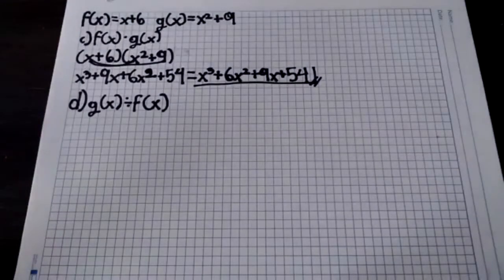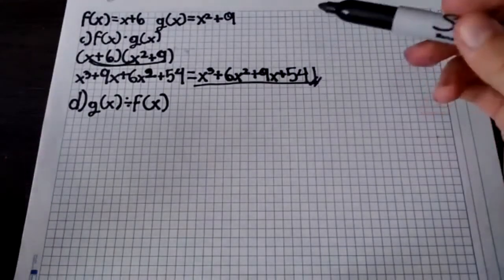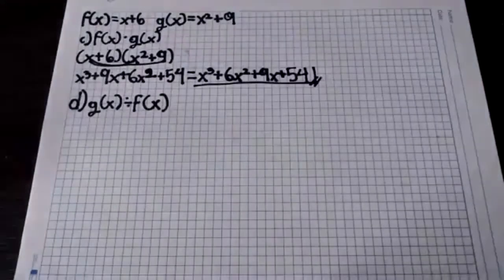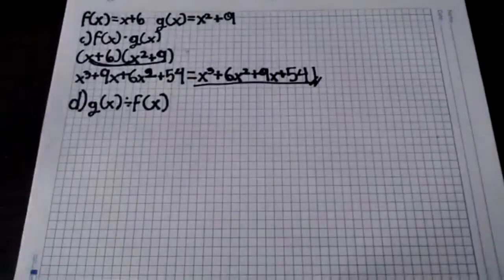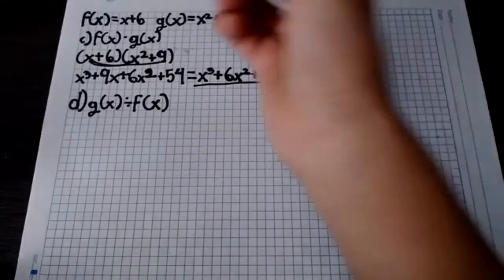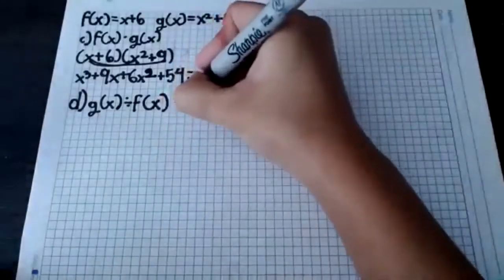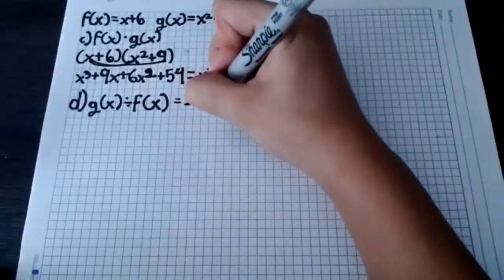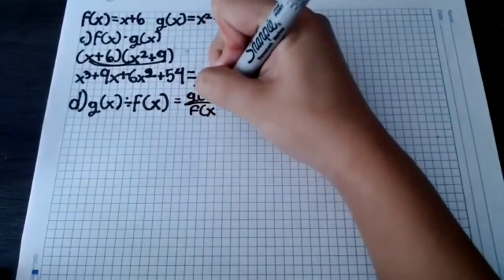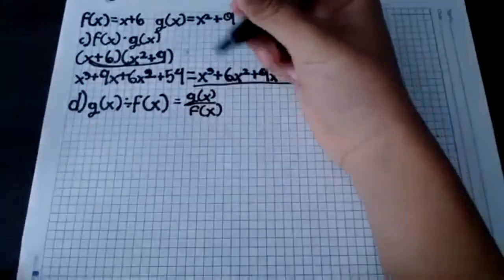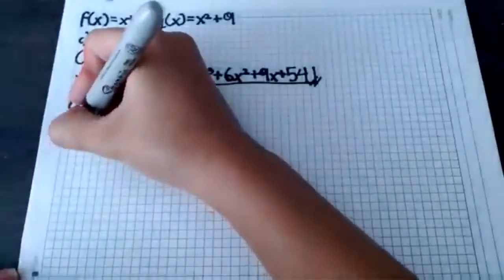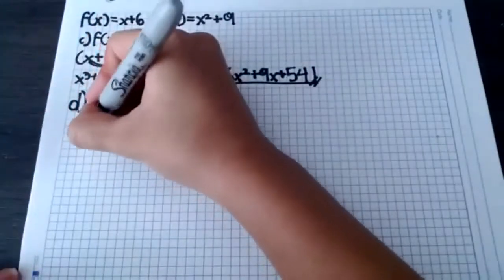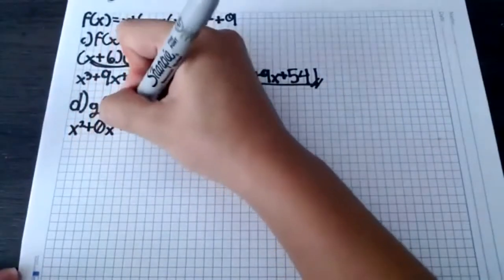Okay, so now we are going to do the d, which is g(x) divided by f(x). If we just put it in another, easier way, it will just be g(x) and below f(x). So if we substitute it, it will be x squared plus 0x plus 9.